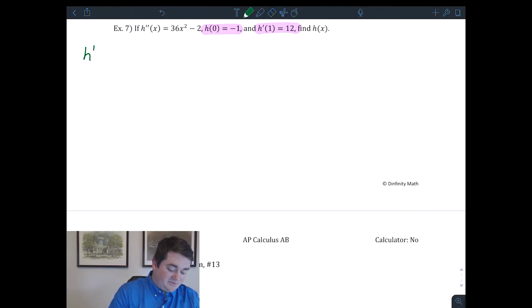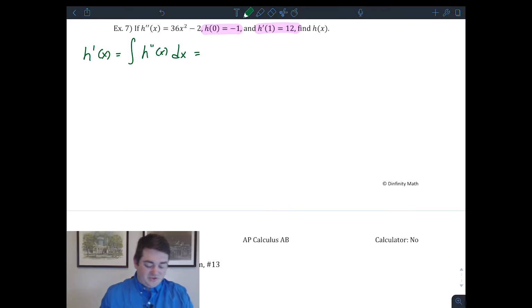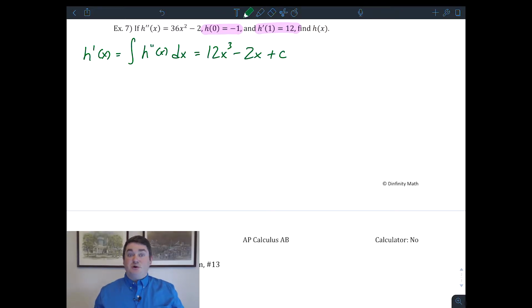So here we go. H prime of x is the antiderivative of h double prime of x, which is going to be the antiderivative of 36x squared, which would be 36x cubed over 3, so let's call that 12x cubed, minus 2x plus c. Let's pause and solve for our plus c using this initial condition that h prime of 1 is 12.